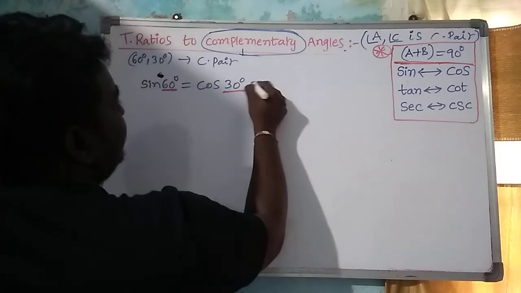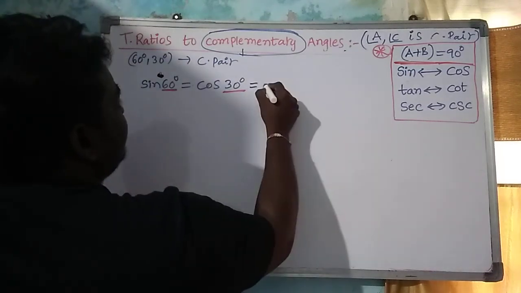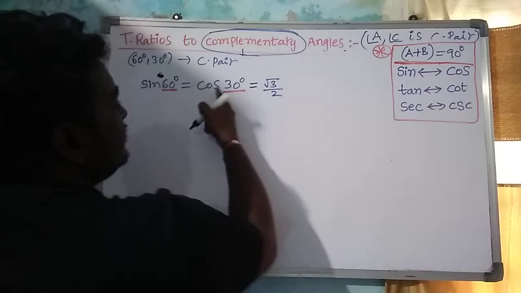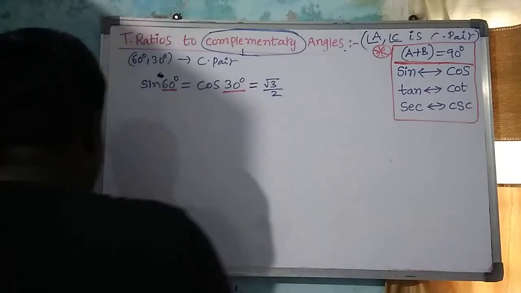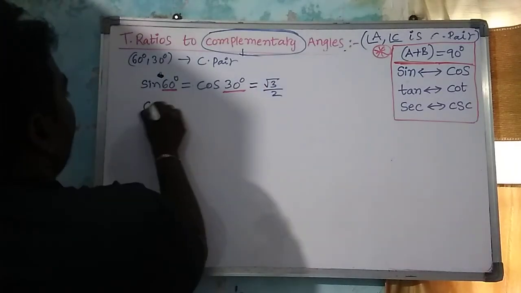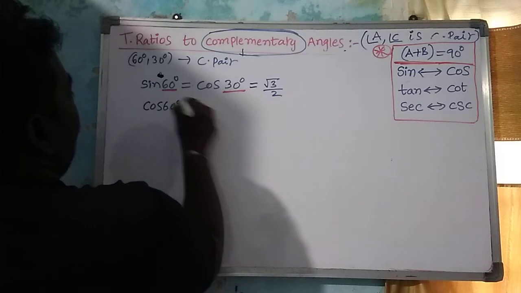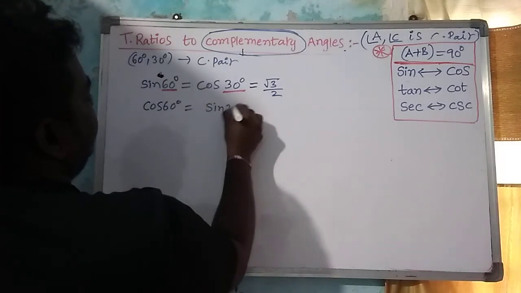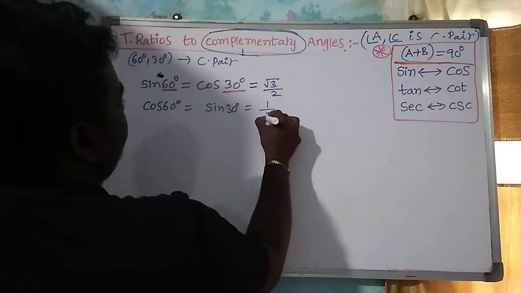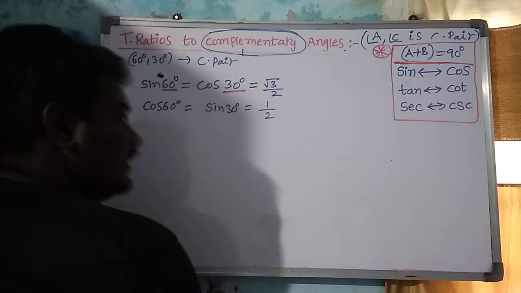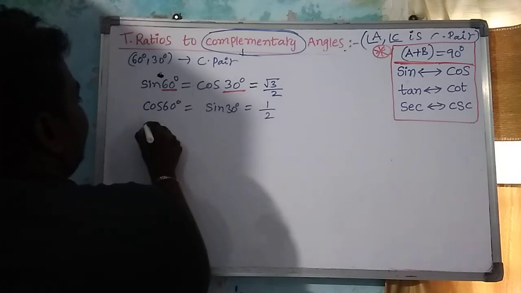Sin 60 equal to cos 30, which is nothing but root 3 by 2. What about this one? Cos 60 equal to sin 30, which is nothing but 1 by 2. Then what about this one?